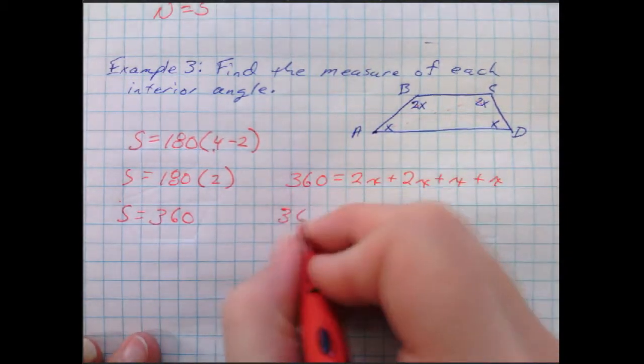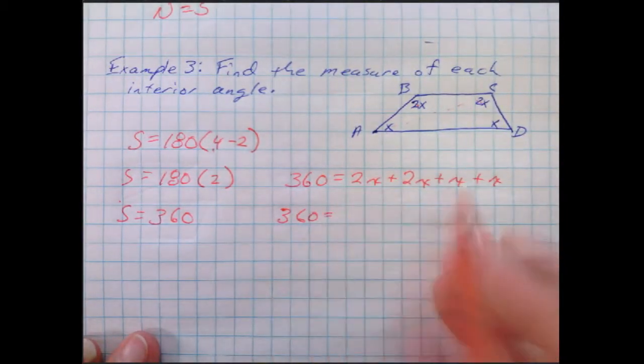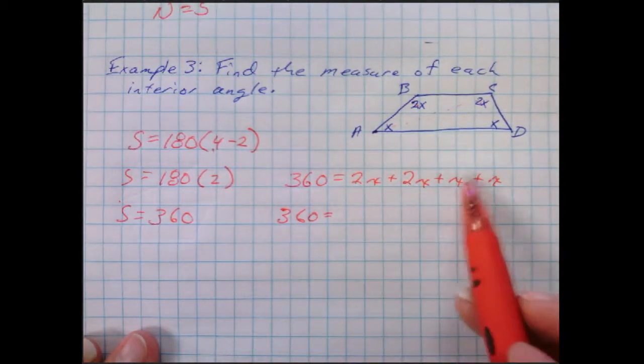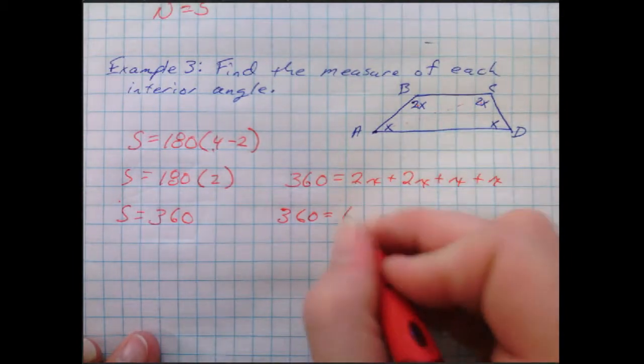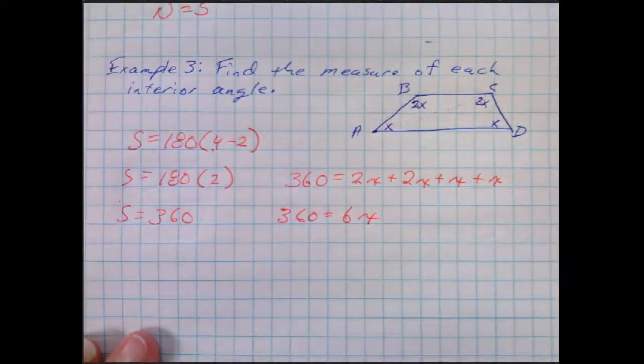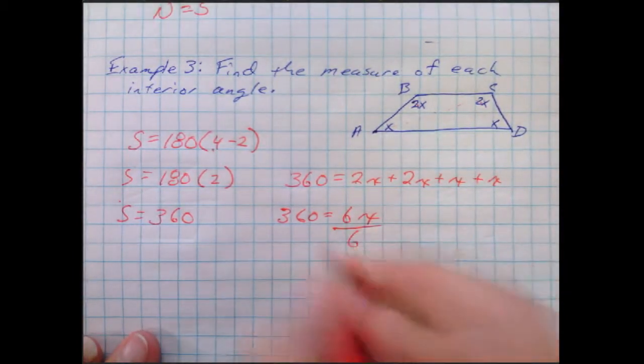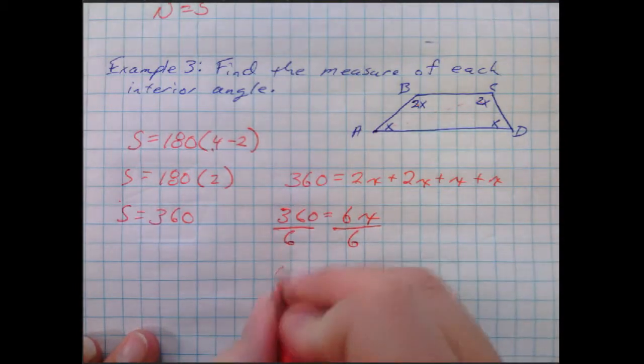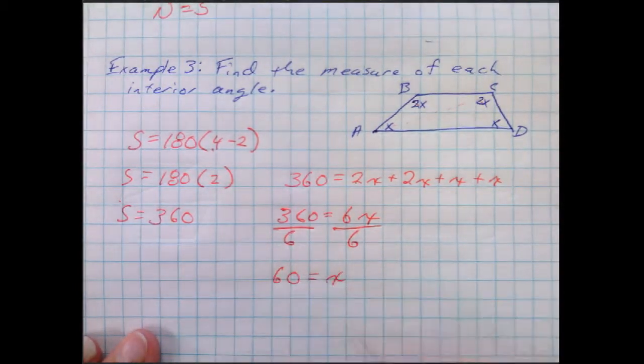Okay, so I have 360 equals, I'm going to combine all my like terms, so 2, 3, 4, 5, 6 x's. From here, you're just dividing by 6 to solve for x. So 360 divided by 6, you get 60 equals x.